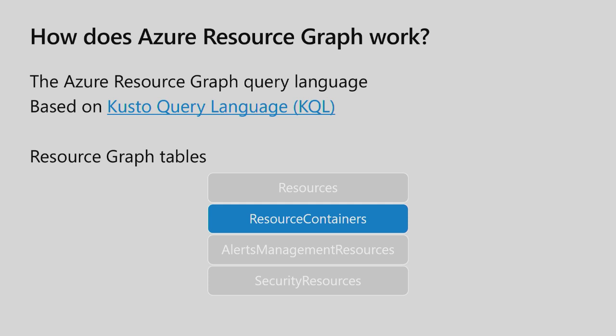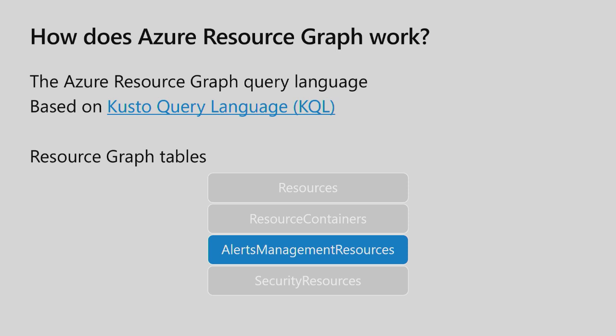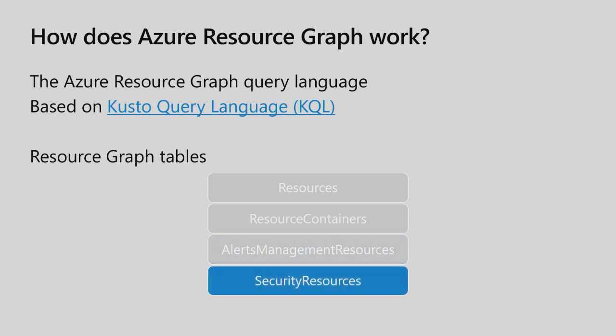Then recently they introduced a couple of new ones. We have a resource containers table that contains information about your subscriptions and resource groups. Then we have the alerts management resources table that contains information about alerts. And we have security resources that will give you access to the resources from Azure Security Center.